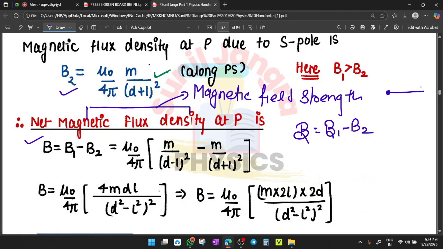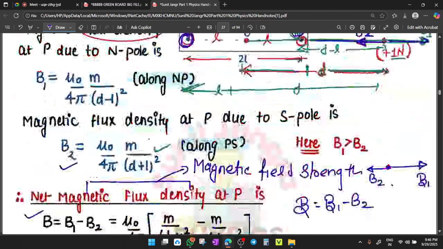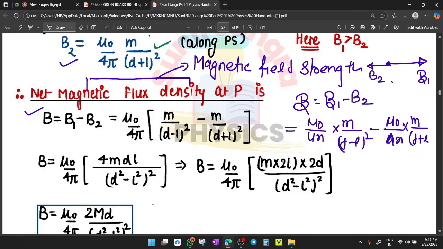Because B1 is going forward and B2 is going backward, and B2 is small because the distance from the south pole is very large, and from the north pole it is very close. So B1 will be high and B2 will be less. So the net intensity will be B1 minus B2, right? Now place the values of B1 and B2. So B1 is mu naught upon 4 pi into m divided by (D minus L) whole square, minus B2, written as mu naught upon 4 pi into m divided by (D plus L) whole square.